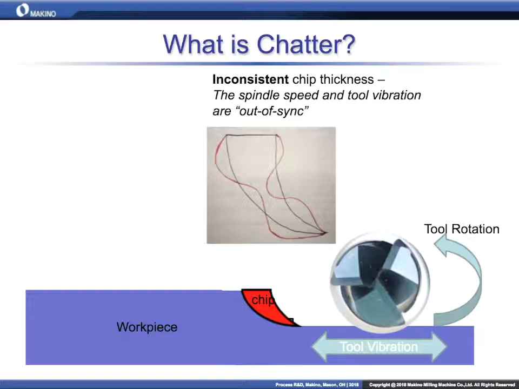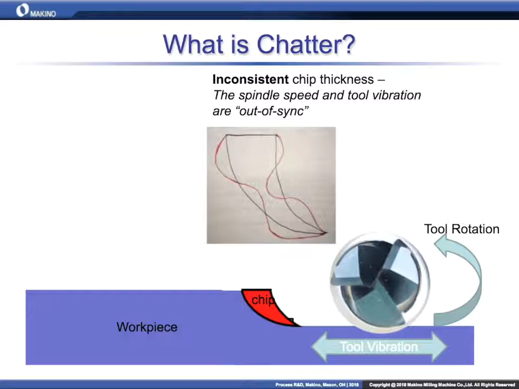Right. And what's happened in this example is we have inconsistent chip thickness because the spindle speed and the tool vibration are out of sync. What that means is every time the next tooth passes, because the tool vibration and the tool rotation are not in sync, you're going to get phasing of those two surfaces, or varying chip thickness across the idealized chip thickness.